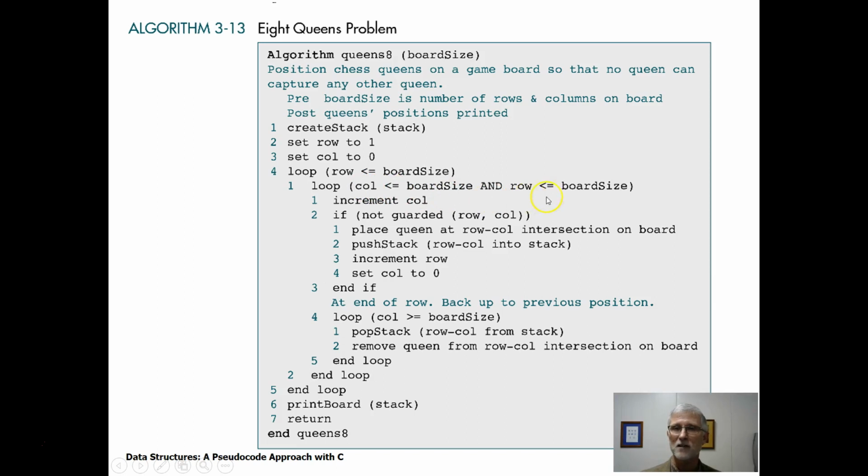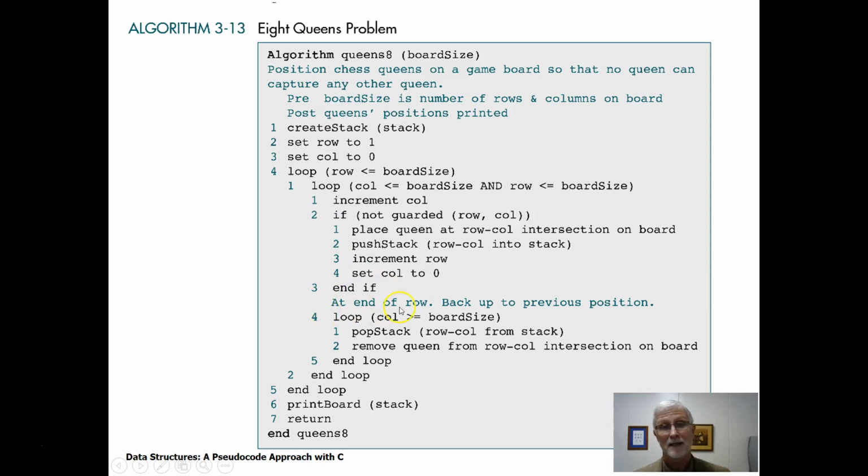Then I go through each of the columns, and as long as it's less than the row, I increment the column and check if it's not guarded, which means, is somebody going to hit me, going to capture my queen? If not, go ahead and place the queen, push the next one on the stack, increment to go to the next row, restart the columns, and then end the if statement.